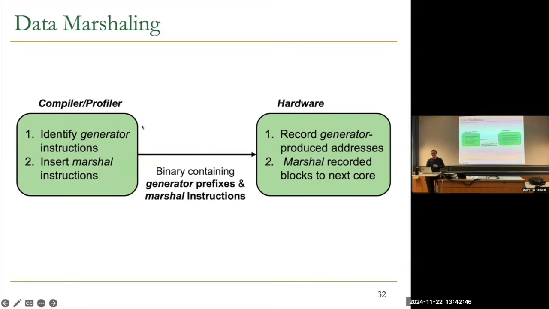And you generate a binary containing generator prefixes and marshal instructions. And hardware, when it sees these instructions and prefixes, records generator-produced addresses. And when it sees a marshal instruction, it marshals the recorded blocks to the next core. Okay? So there needs to be some destinations, etc. There are some interesting issues over here that I may gloss over, but you can ask questions.